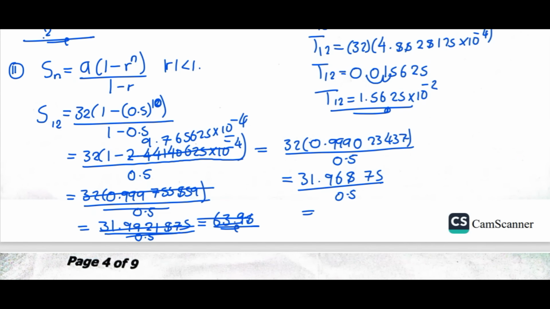I'm getting almost the same answer. How possible is this? So I'm getting 63.9. Okay. So that's what you can do. That's how to find the answers for the sum.